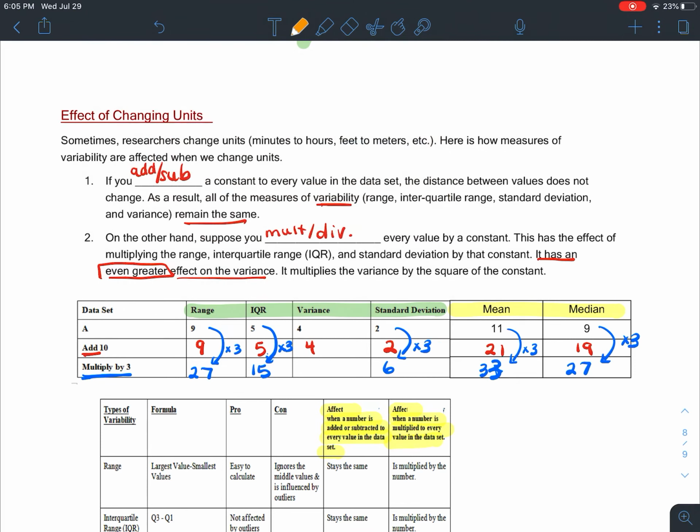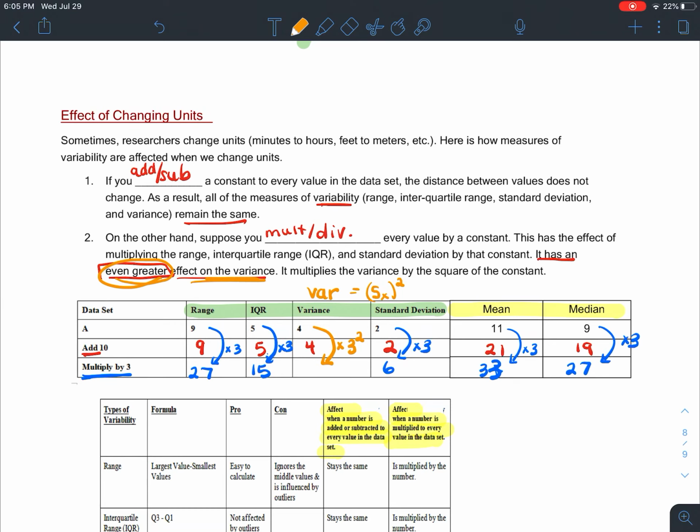Now here's the part that you have to be very careful with. When you square the standard deviation, you get the variance. That's why this was saying there's an even greater effect on the variance. So you don't just multiply the variance by 3. You have to multiply the variance by 3 squared.